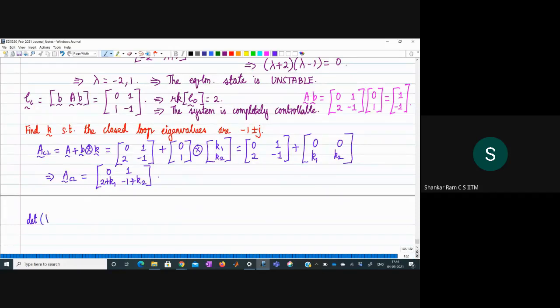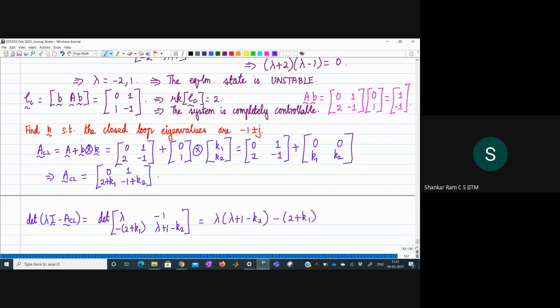As we know, the next step is to calculate the closed loop characteristic polynomial, the determinant of lambda I minus ACL. So if we calculate this, we will get the determinant of [lambda, minus 1; minus (2 plus K1), lambda plus 1 minus K2]. So if we evaluate this, we will have lambda times (lambda plus 1 minus K2) minus (2 plus K1).